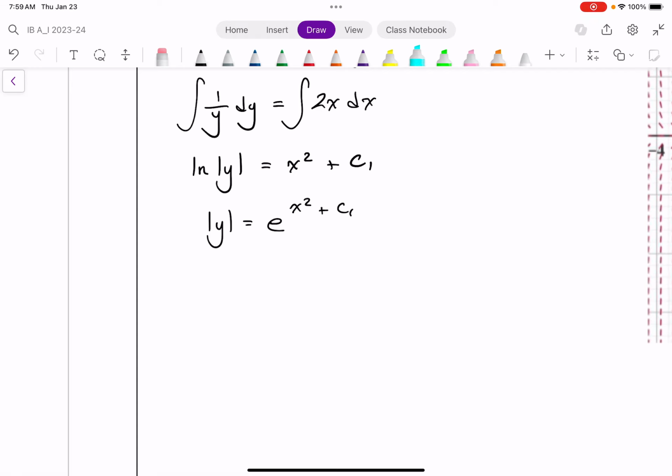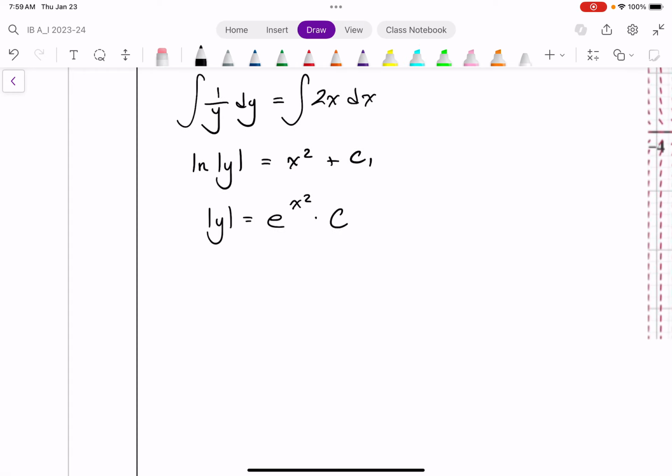Like we've seen many times, this is the same as this, which e to the power of c1, I'm just going to call a new constant, c. And I'm doing that fairly quickly because I've done it a lot in previous lessons. That's it. If I just look at what I have right here, and maybe I'll write my constant first.